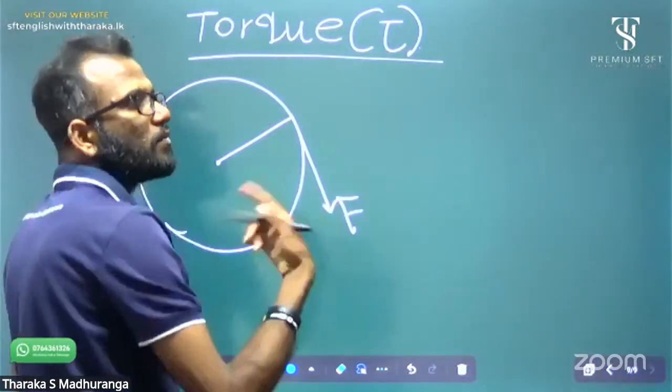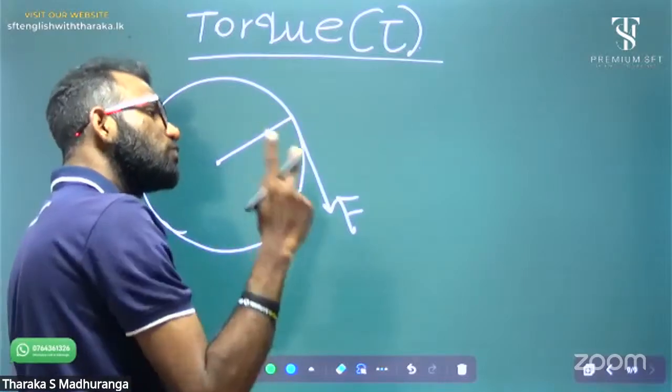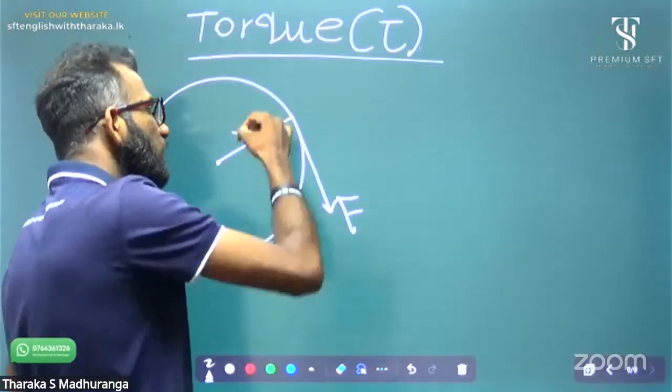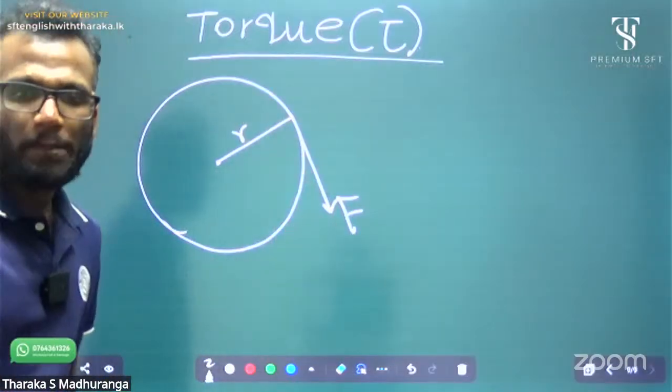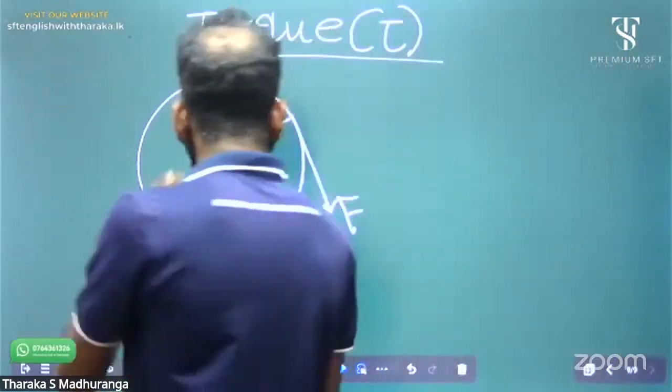How many factors affect the torque? Two main factors affect torque: the applied tangential force and the radius. Remember, there are two main factors.